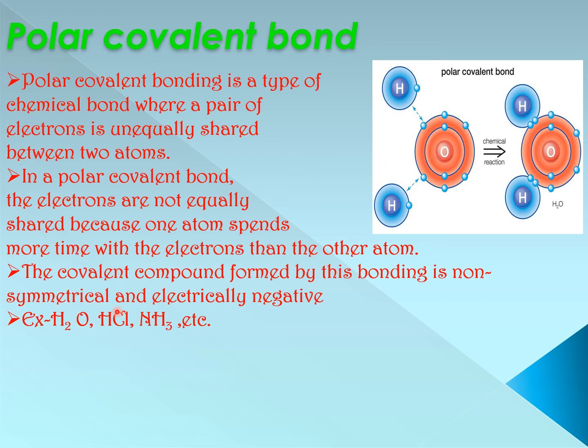So the hydrogen atom develops a positive charge, and a polar covalent compound is formed. As I told you, compounds are said to be polar when a shared pair of electrons is not at equal distance between the two atoms. That means this results in development of fractional positive and negative charges on them.